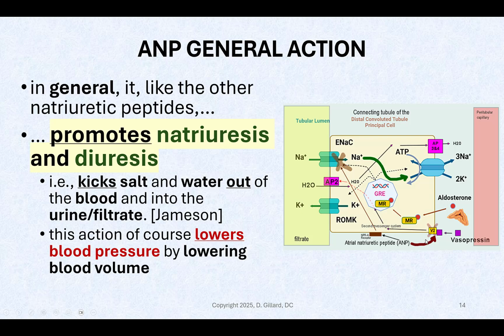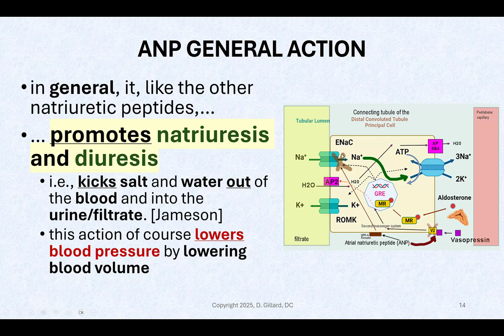But now if we have ANP around, it will bind to its NPRA receptor. And through a secondary messenger system, it's a cAMP system, I think. We don't need to know that for our level. But through a different set of messengers, it knocks out the implantation process of the ENaC channels.